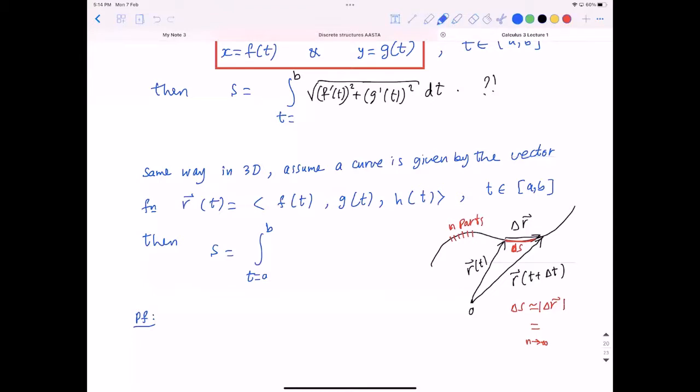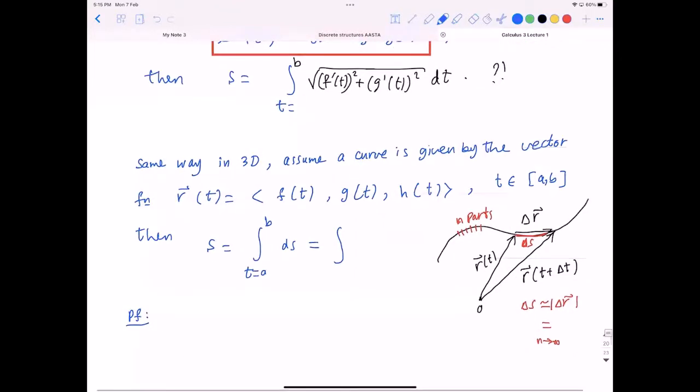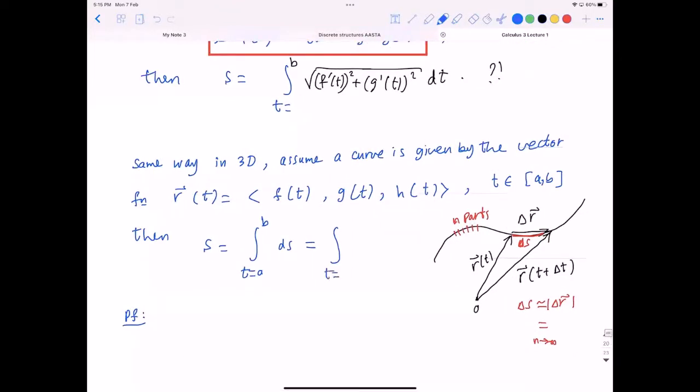S is integral of ds. As you know from integration, the integration is a summation of many things divided infinitesimally to very tiny things summed together. So this is from t equals a to t equals b, ds by dt times dt.